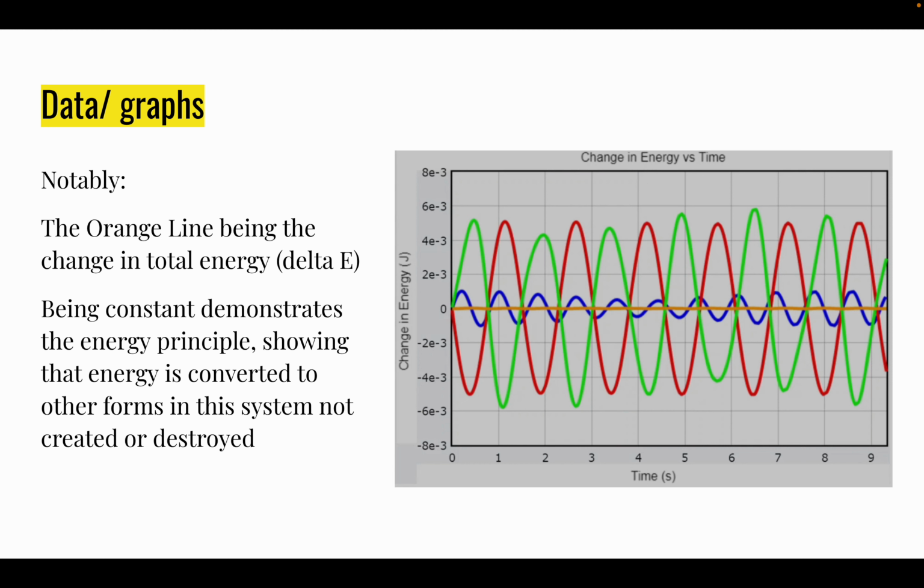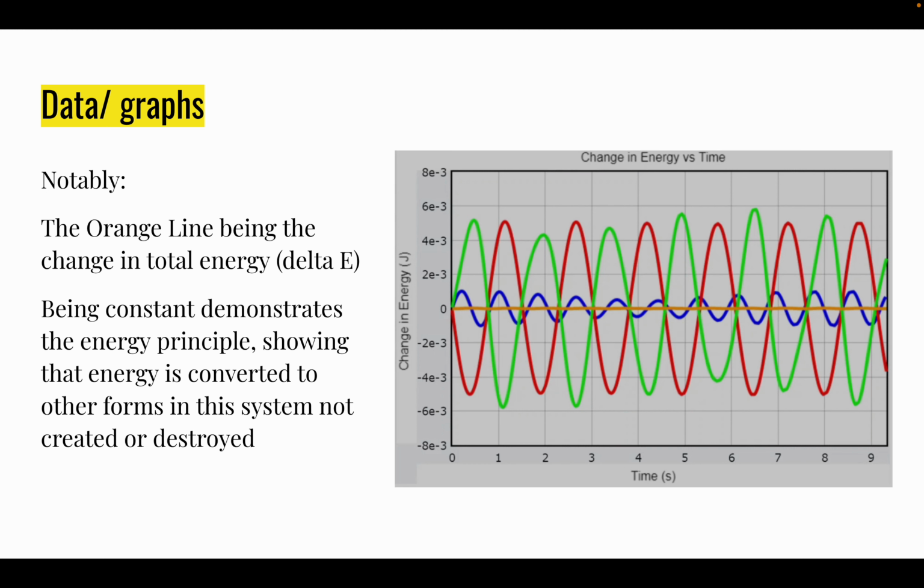For the data, most notably, we want to be looking at the delta E. Of the other lines, most notably we want to look at the orange line straight through the middle, which is the total energy, and we want to look at that because this constant energy shows that the energy stays the same throughout the entire duration of the experiment and the model, because energy is not created nor destroyed.